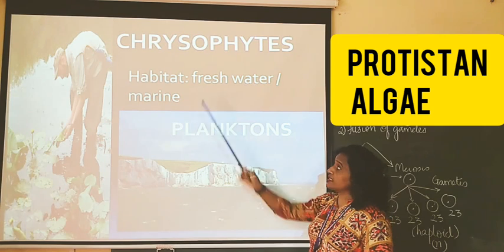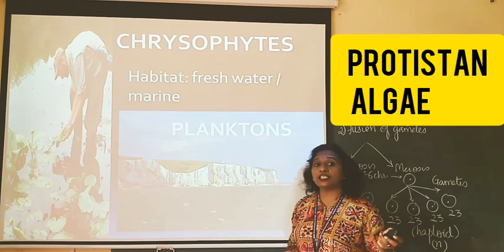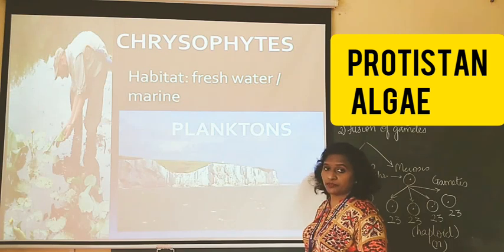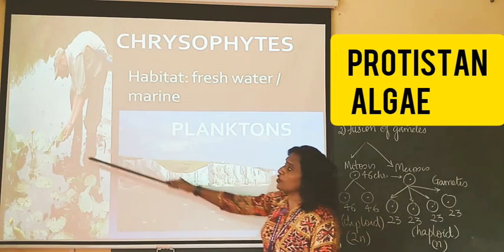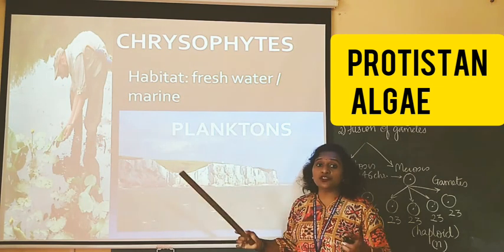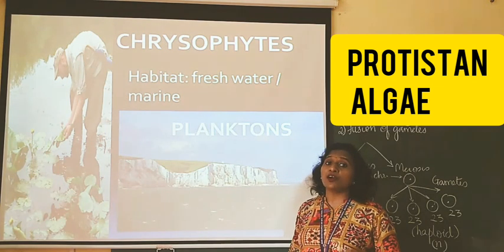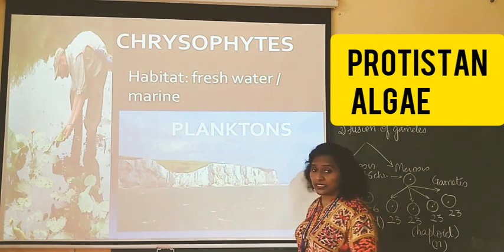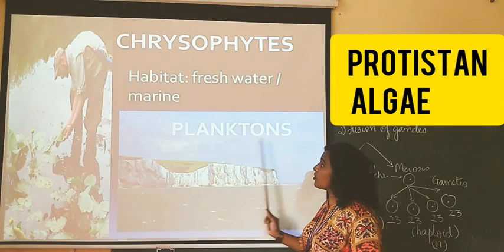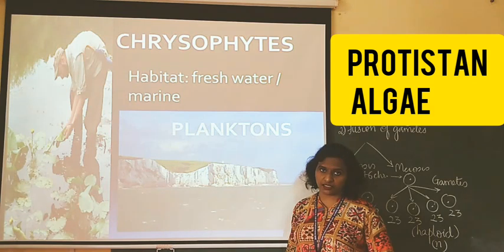Chrysophytes are present in fresh water as well as in the marine ecosystem. They just float along with the water current, and they are the main food source for the aquatic organisms present in the sea or fresh water. So they are also called planktons.